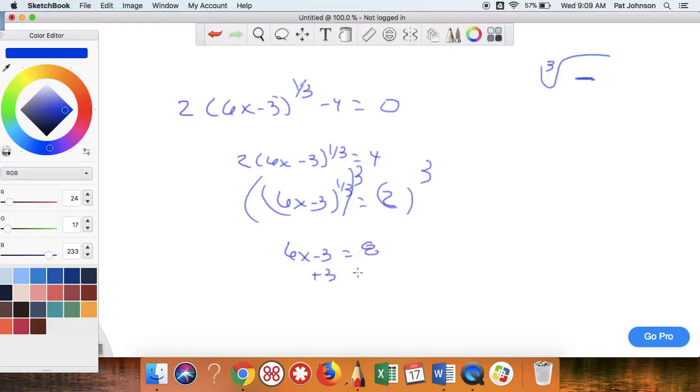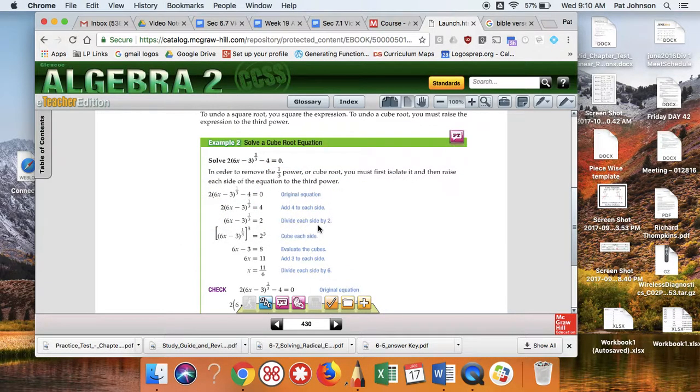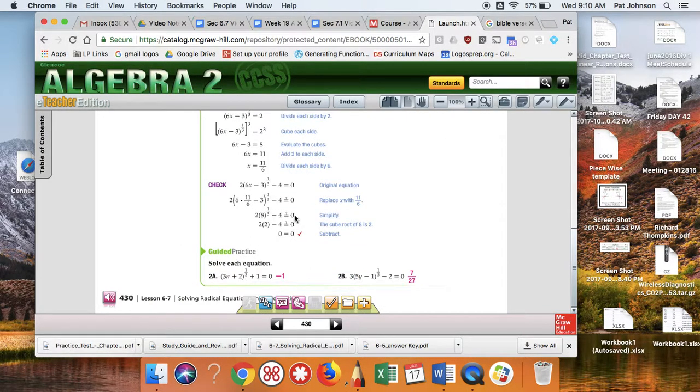Now we just solve. 6x equals 11, and x equals 11 over 6. So we do it the same way, except instead of having a radical sign, we use a rational number as our exponent. All right. And again, we check it to make sure that that value works.